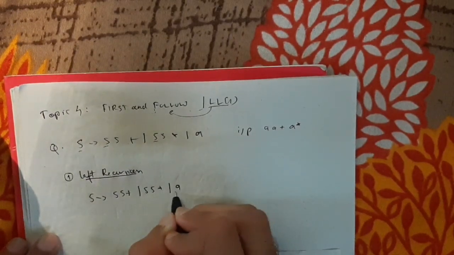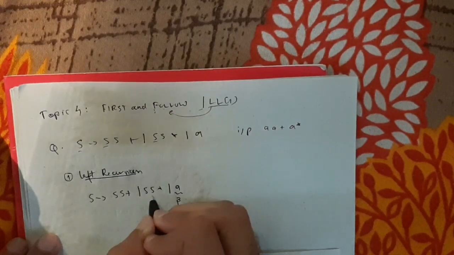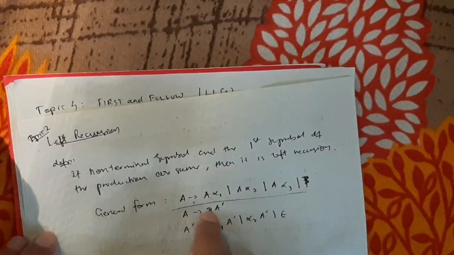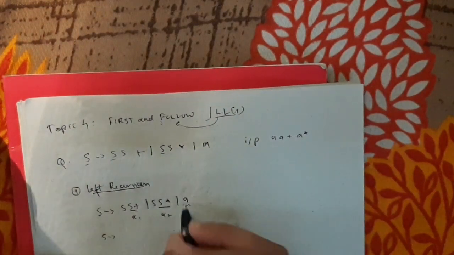S goes to SS+ | SS* | a. The thing which is alone is called beta, and the things which are not common are known as alpha 1 and alpha 2, and these are the SS values. The first step is to write it in this form: A goes to βA'. So S goes to βS', and beta is a, so S goes to aS'. This much you understood.